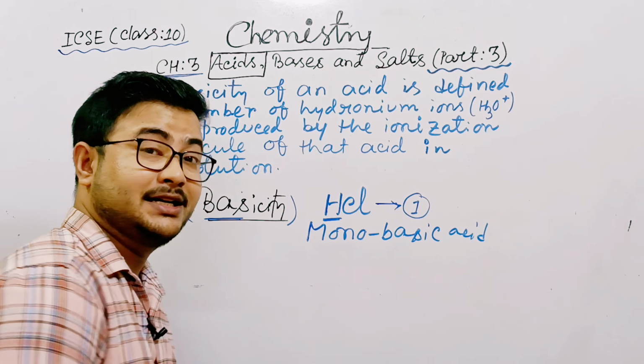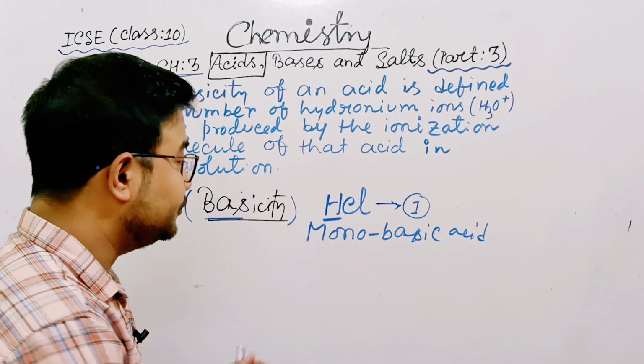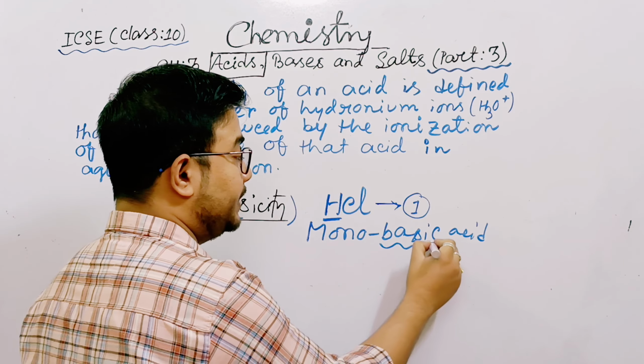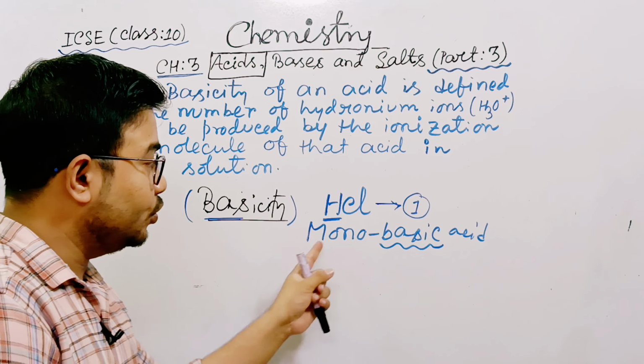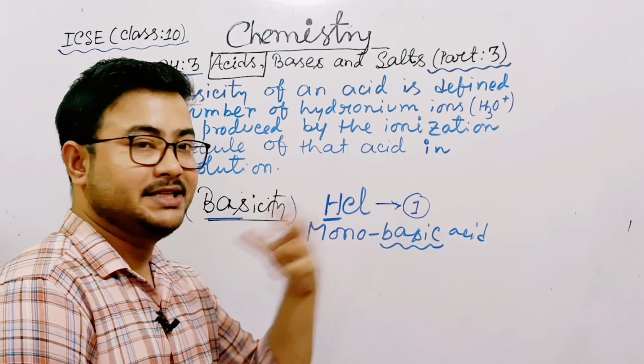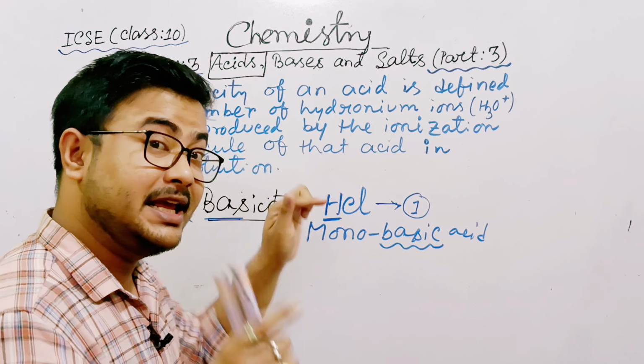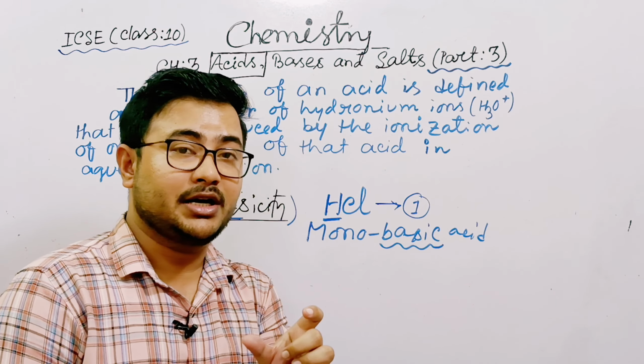To define the acid you have to use the term basic acid, monobasic acid. So memorize this term, monobasic acid. Monobasic acid means generally 1 hydrogen. Listen again, generally 1 hydrogen.